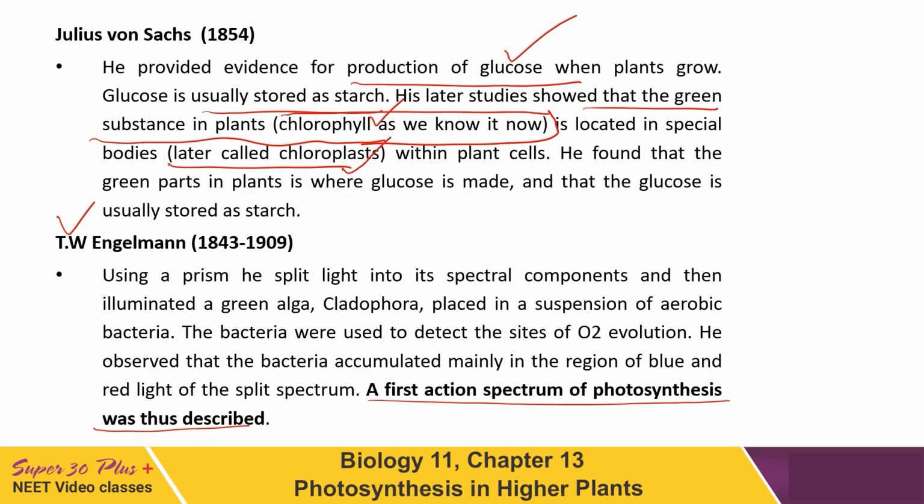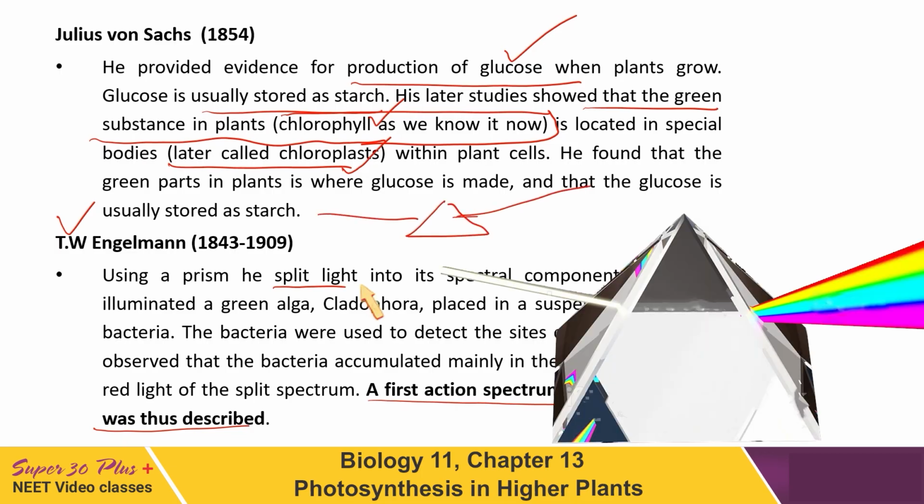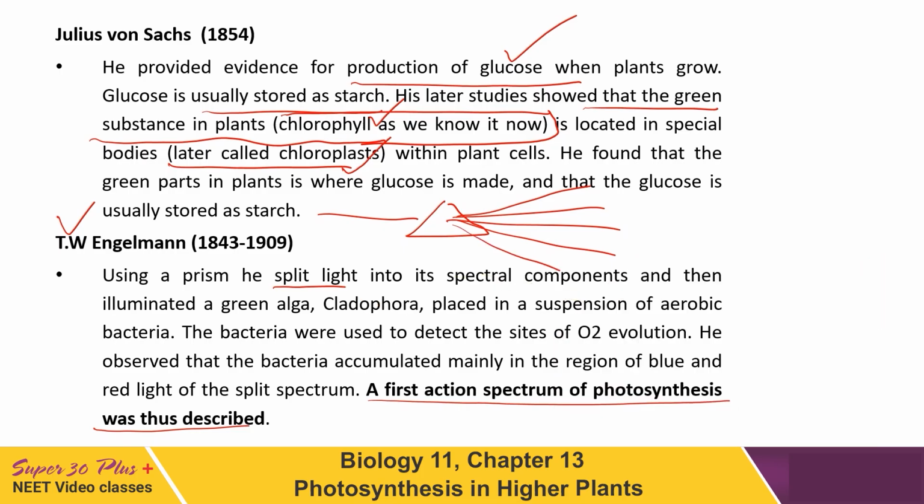When much detail was not known at that time, he proved in which color of light, that is, in which wavelength of light, maximum photosynthesis occurs. He split light with the help of a prism. This is the prism. The light was split into rainbow colors, VIBGYOR, and then one by one this was being exposed.